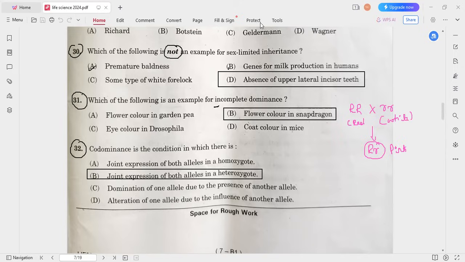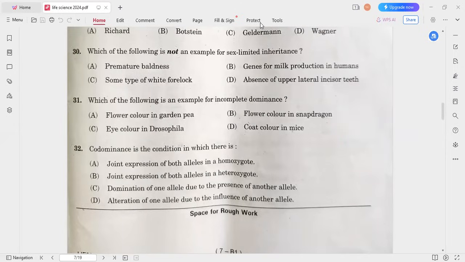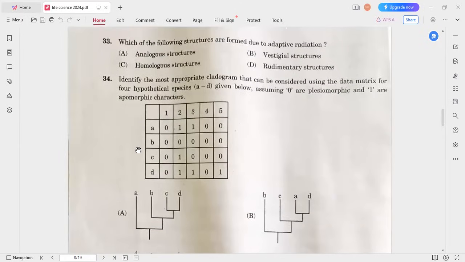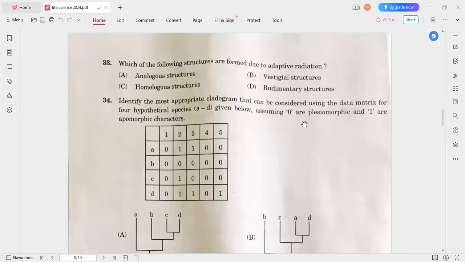Okay, so now move on to the next question, that is question number 33. Which one of the following structures are formed due to adaptive radiation?